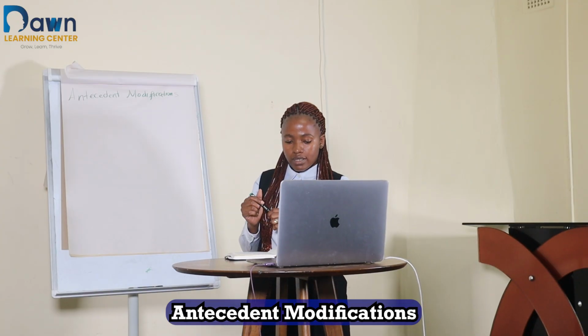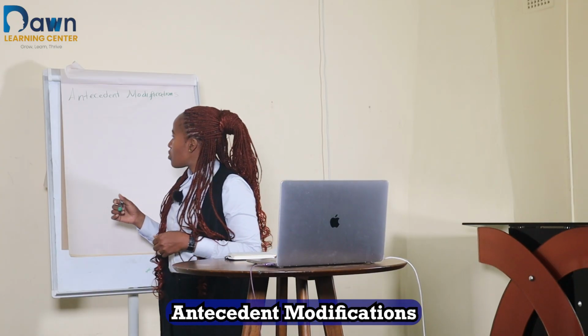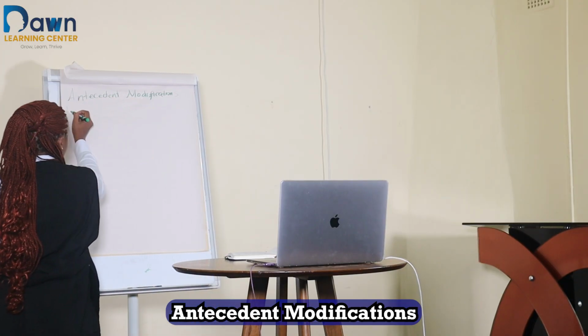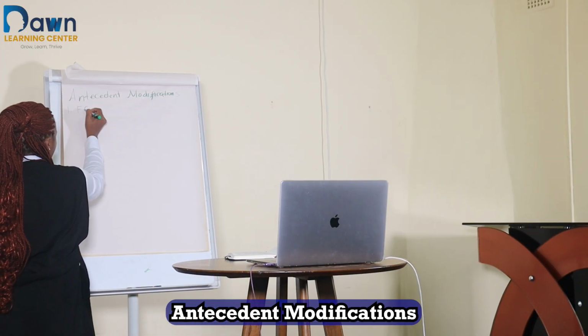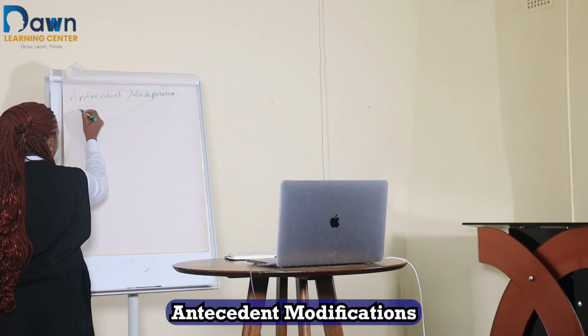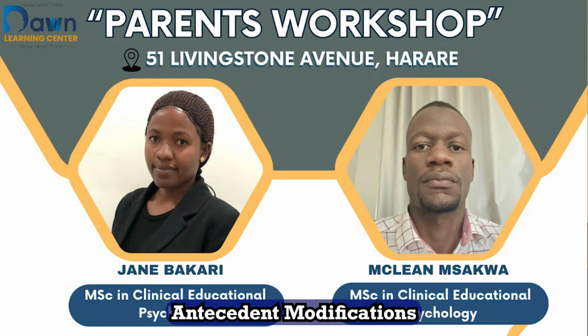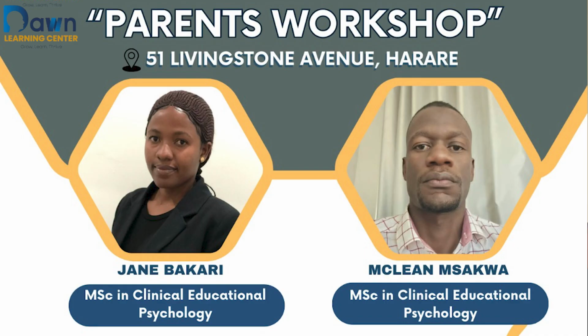So under antecedent modifications, number one, we have FCT. I'll talk more about that one. And then we also have visual schedules. We have the talking system.